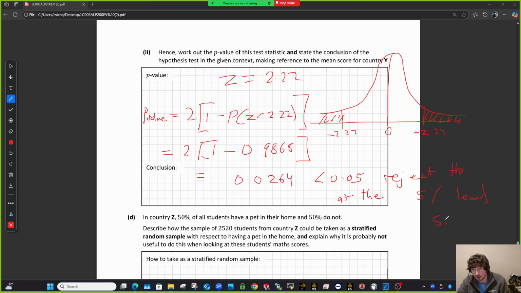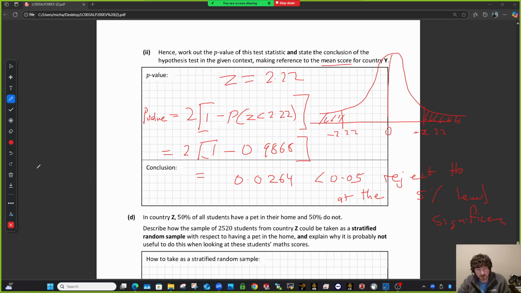This is important, okay? Because if you were doing this test at the 1% level of significance, you would not be rejecting this because 0.02 is above 0.01. So that's why you have to state the level of significance that you're rejecting H0 at. And so we make our conclusion then, referencing the mean score.